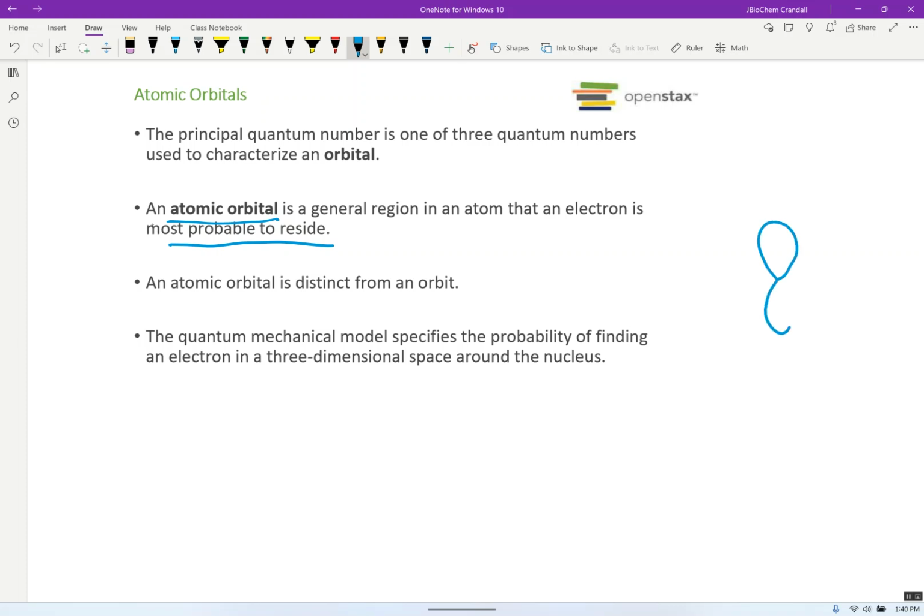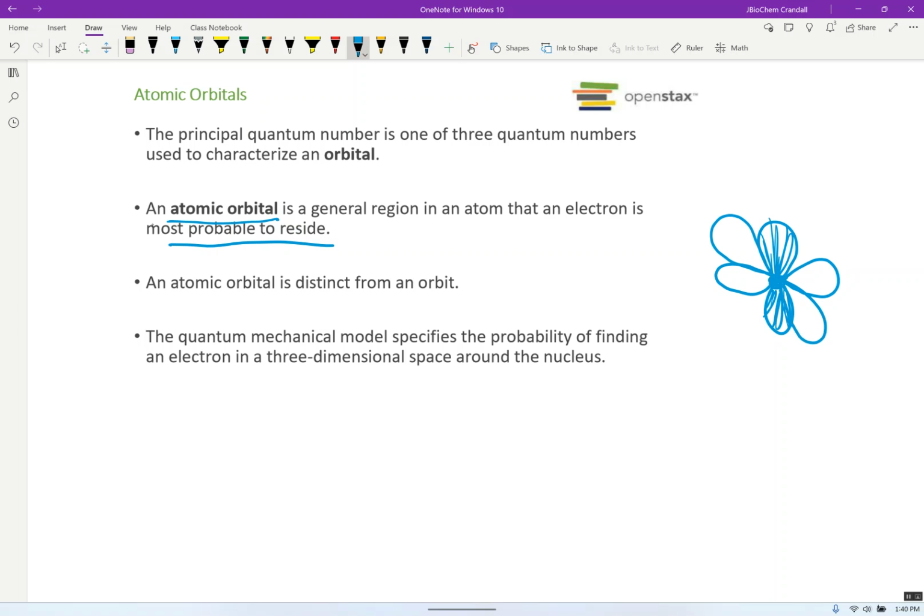When I draw this p orbital, all I'm saying is the probability of finding an electron within this region is most probable versus outside of that region. You won't find it there, right? With the p orbitals, since there's 3 of them, when you move up in the number of electrons, you get that second p orbital joining all the way up into the third p orbital.